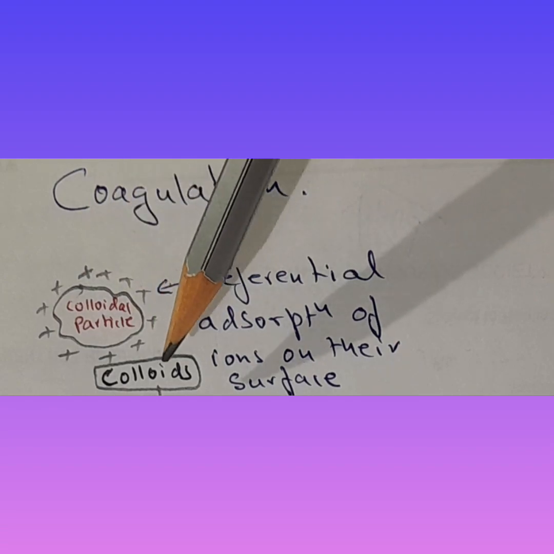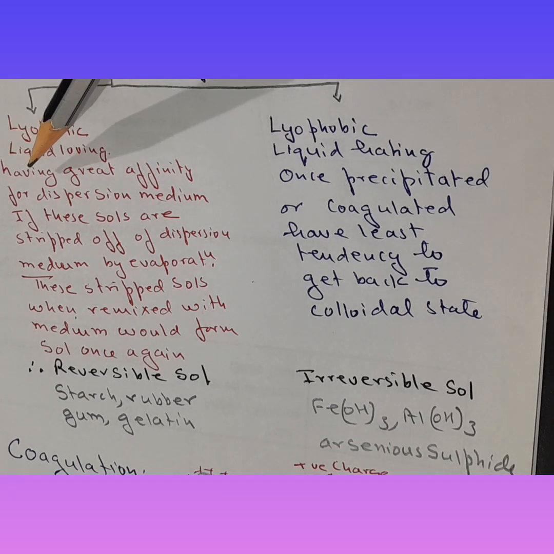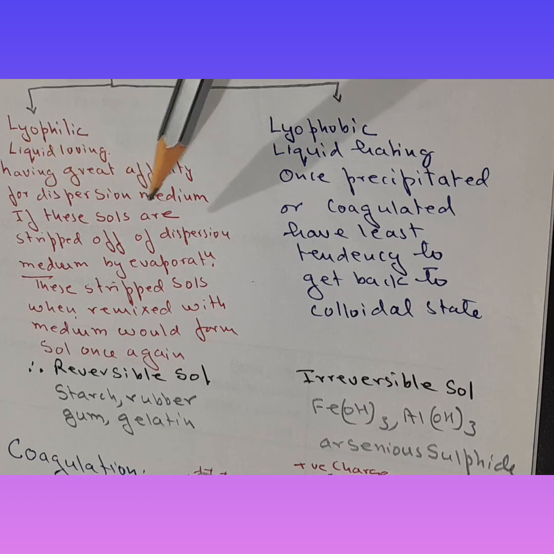Alright. Now furthermore, colloids are of two types. One is lyophilic, another is lyophobic. As the name suggests, philic is loving, phobic is hating. So lyo, liquid loving. These colloids have great affinity for the dispersion medium.